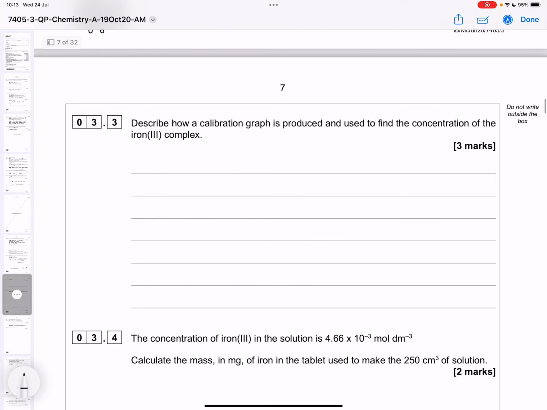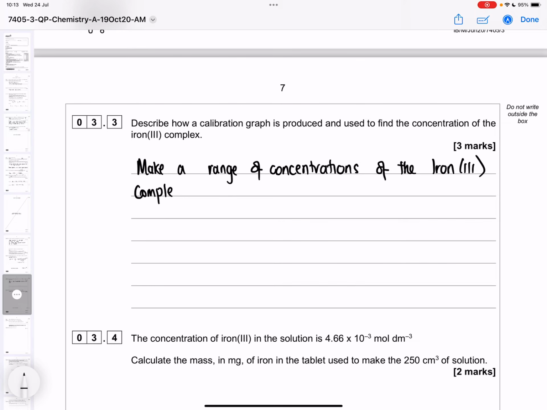Describe how a calibration graph is produced and used to find the concentration of the iron 3 complex. So the first thing is that we're going to have to make a range of concentrations of the iron 3 complex, so like 0.1 molar, 0.2 molar, 0.3 molar, and measure their absorbance.